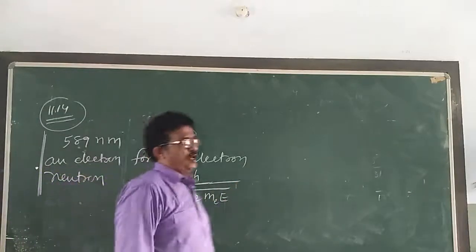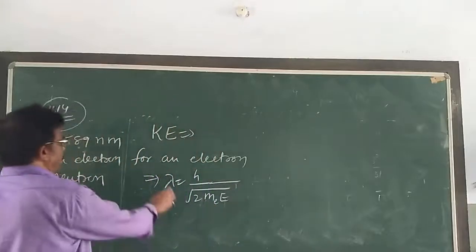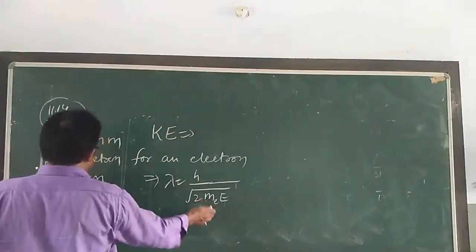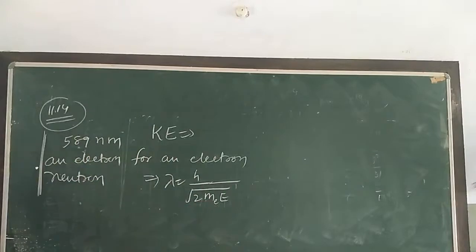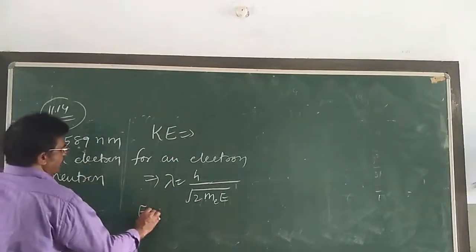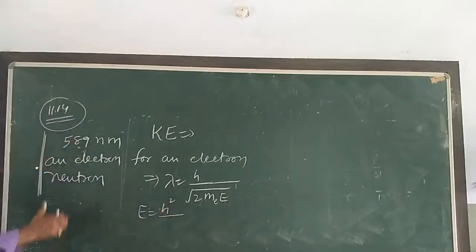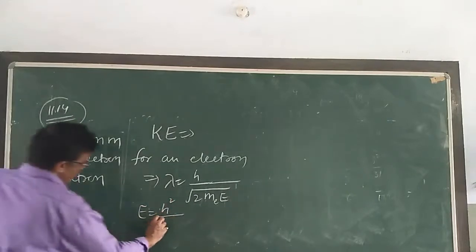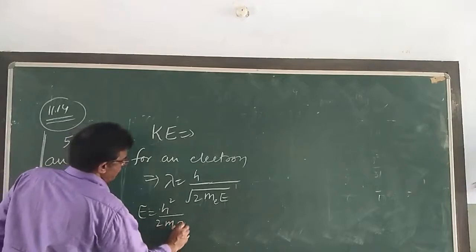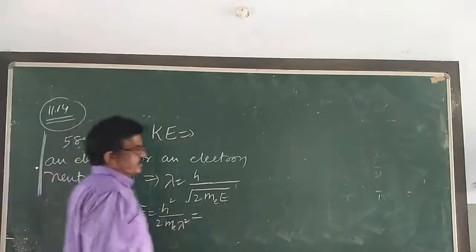This is our formula. लैम्डा बराबर h upon p होता है. This is the formula for momentum. So E comes out to be h square divided by, दोनों तरफ स्क्वायर कर लीजिए आप, twice of m e lambda square. This is the result. This is the formula here.